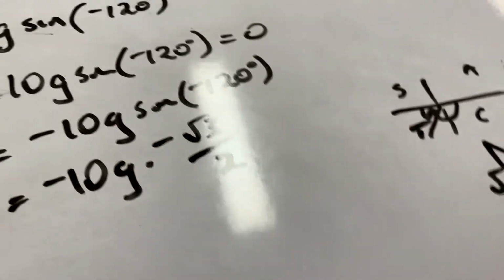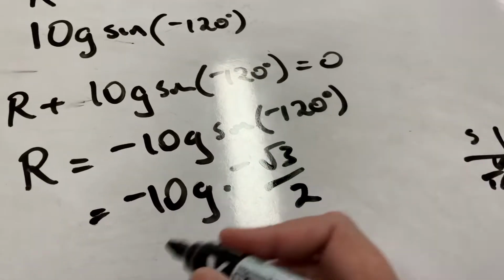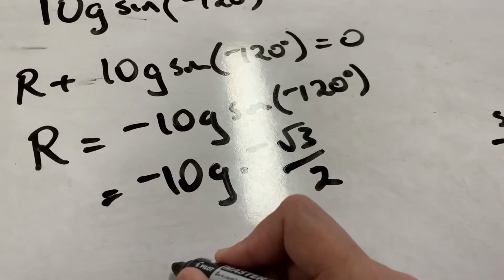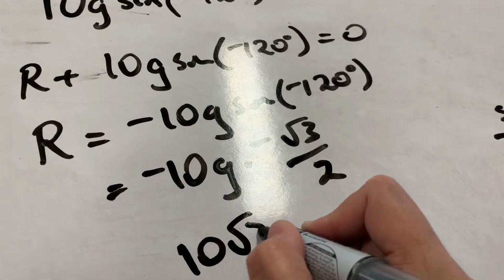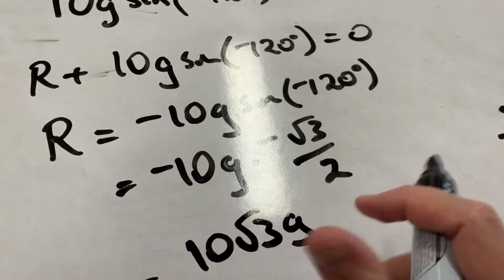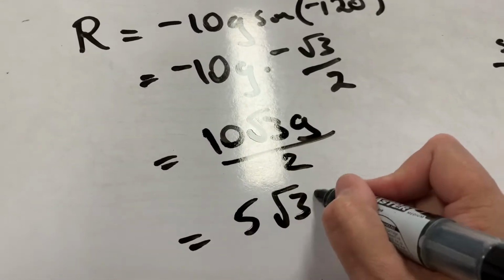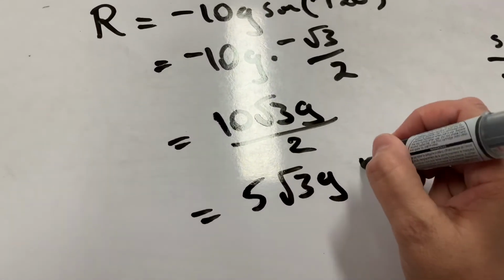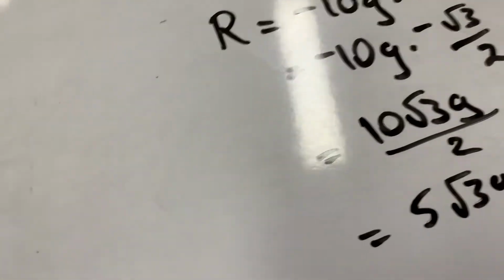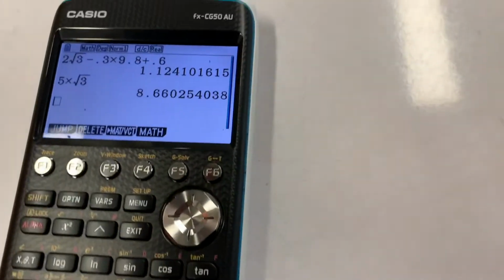Everybody happy with that? Sine opposite. Yep. So that's going to be 10 root 3 G on 2, or really 5 root 3 G newtons. Go to my trusty calculator. What is that going to be approximately?